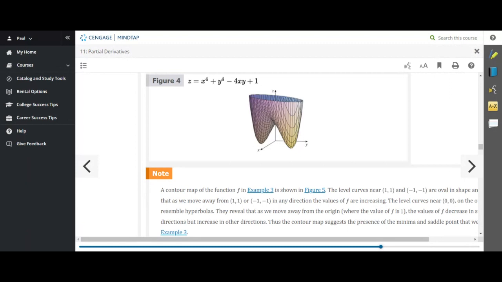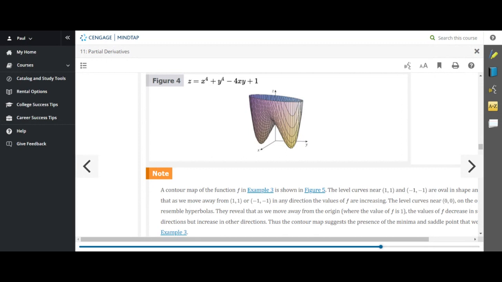Graphically, if you think where x is 1, y is 1, that's going to correspond to that valley on the right in figure 4.